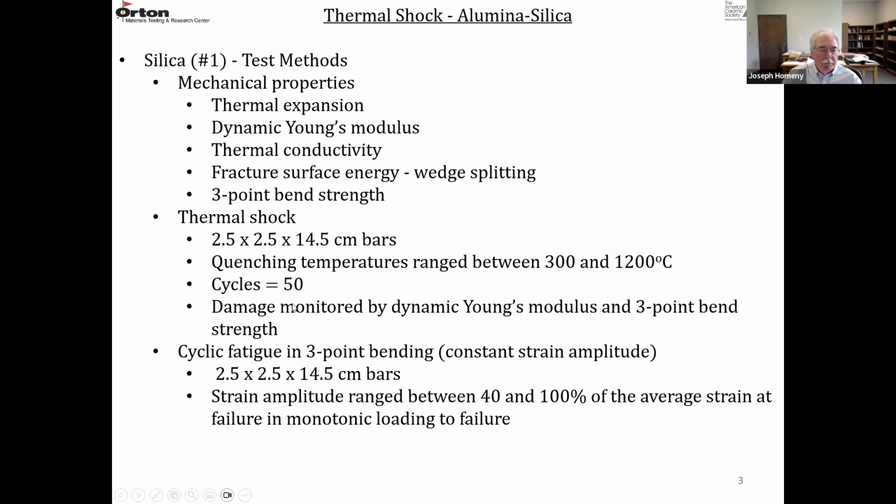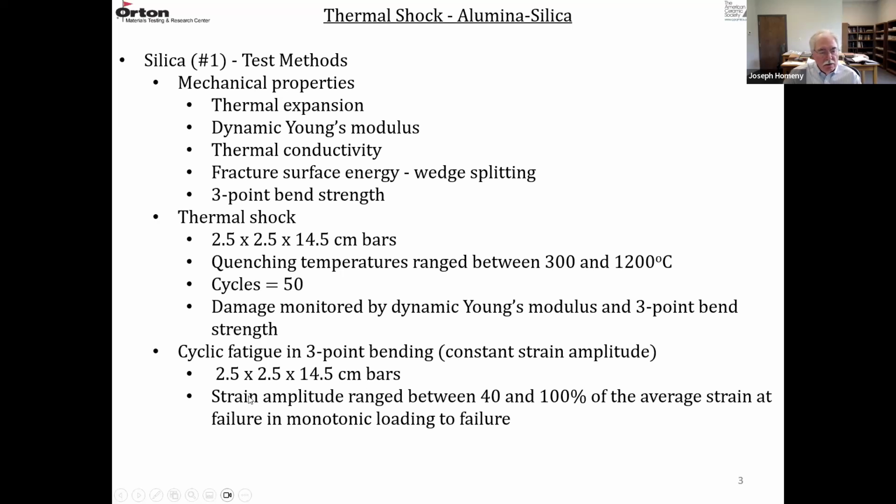And they monitored the damage as a function of the number of cycles with the dynamic Young's modulus test or the 3-point bend strength. And then the cyclic fatigue was done in 3-point bending at a constant strain amplitude. So the same size bars as in thermal shock, 2.5 by 2.5 by 14.5 centimeter bars.